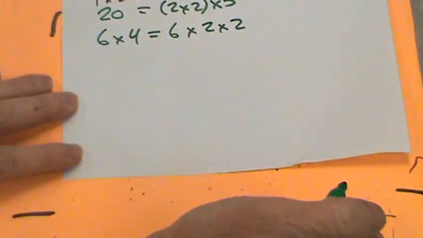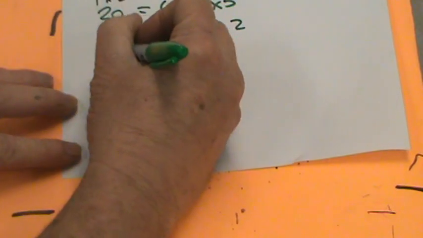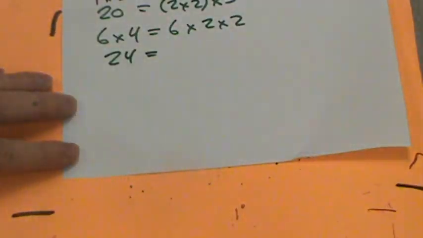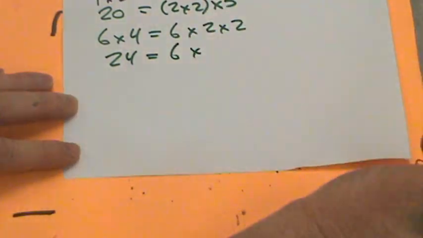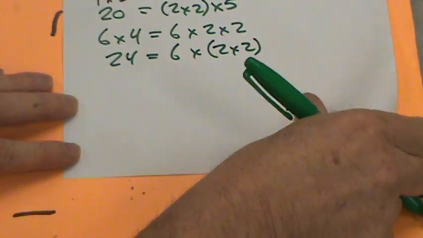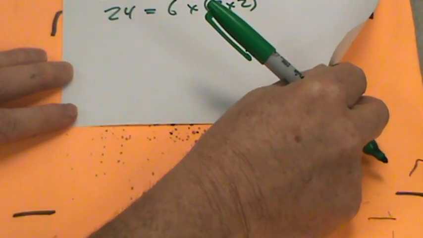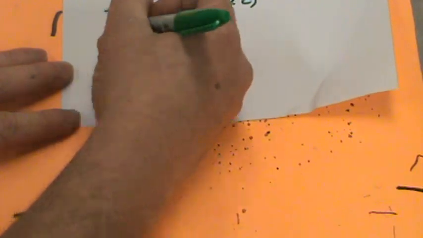Well, we know that 6 times 4 equals what? 6, 12, 18, 24. So we can say that 24 equals 6 times, and where would I put the parentheses? I would put it right here. 2 times 2 is 4. So that's where we put the parentheses. We'll continue on. And let's do, this would be a fun one right here.